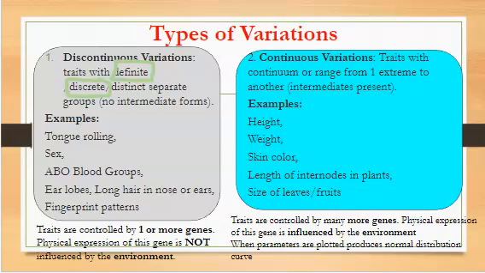Choose one word that you like. Do you like to describe them as traits with definite forms, or traits with definite characters? Or do you want to use the word distinct or discrete? Either way, those words all begin with a D. Wow.